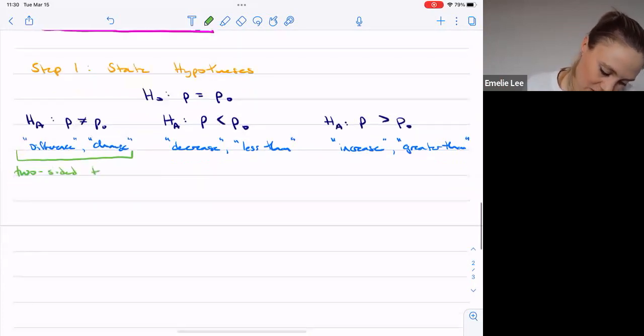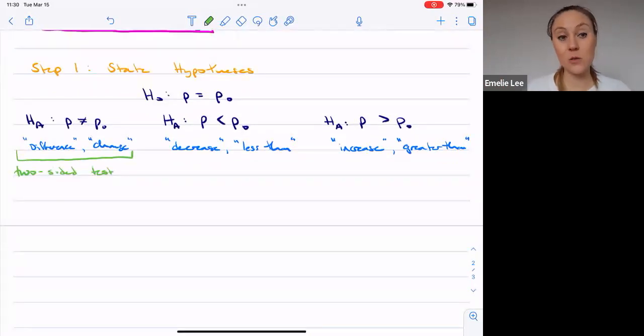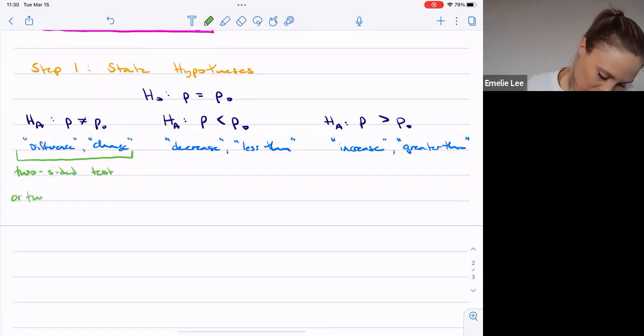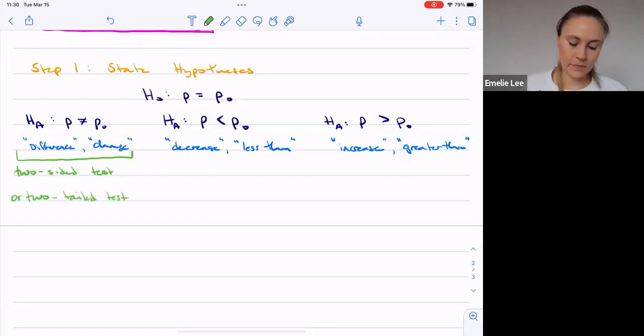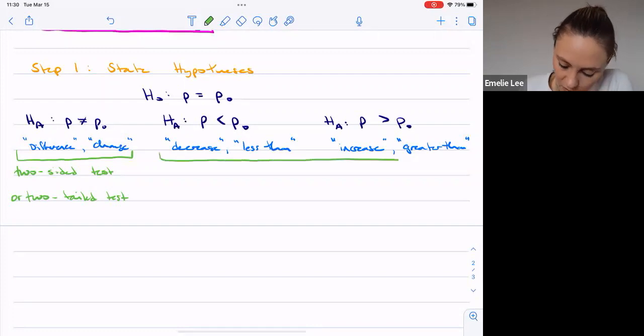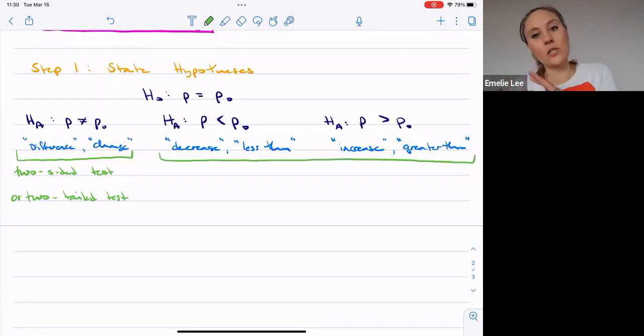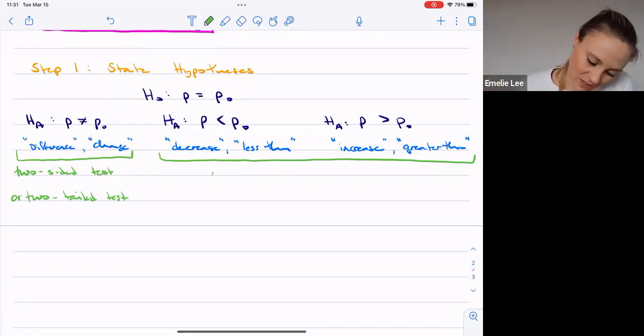It can also be called a two-tailed test. But I call it a two-sided test or a one-sided test. And for these two, it doesn't matter which side it is, it's still going to be a one-sided test. So this is a one-sided test.